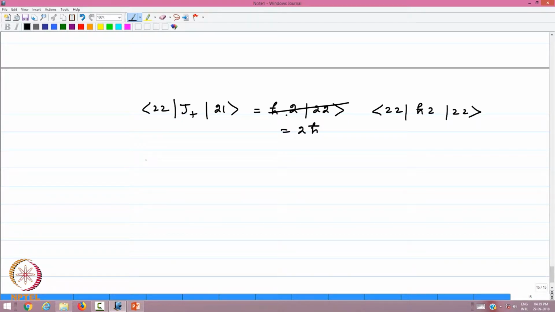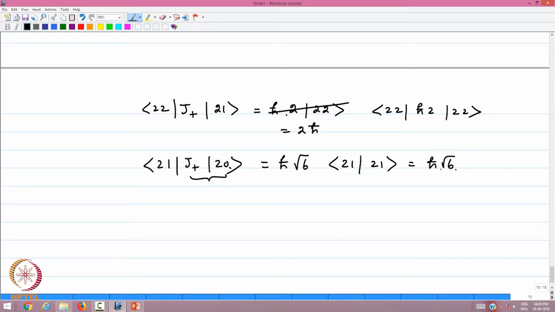Likewise, the element <2,1|j plus|2,0> gives you the square root of j plus m, which is 2, times j minus m, which is 2, times j plus m plus 1, which is root 3. Therefore, this gives you root 6 and the state will be |2,1>, and therefore, it is h bar root 6.